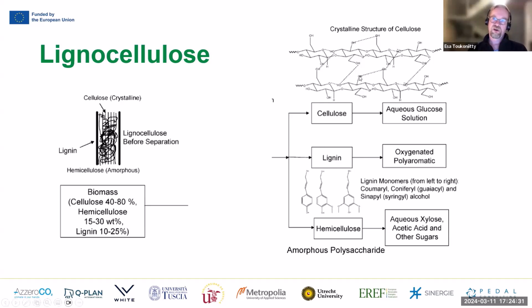That well-defined structure comes from these straight chain cellulose molecules or polymers, which are packed in a very dense, nicely organized fashion, and they form hydrogen bonds between different polymeric chains. And this crystalline material is very strongly held together. So these bonds are quite strong, and it's difficult to break.